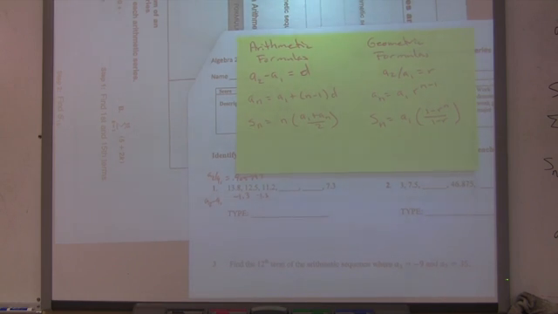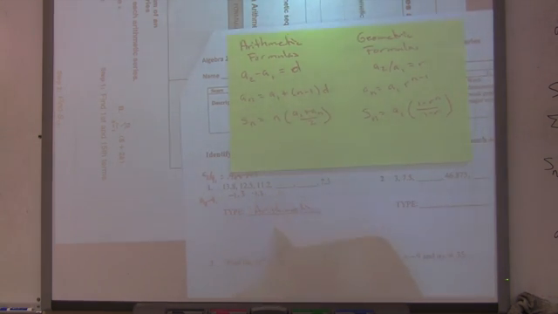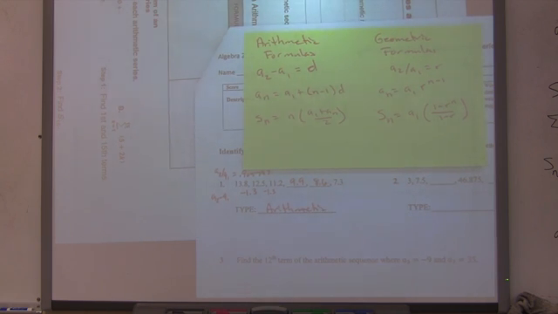So it's not geometric. So we can assume now that this is arithmetic. And now we just subtract 1.3, so that would be 9.9. Subtract 1.3 would be 8.6. Subtract another 1.3 would be 7.3, so it works.